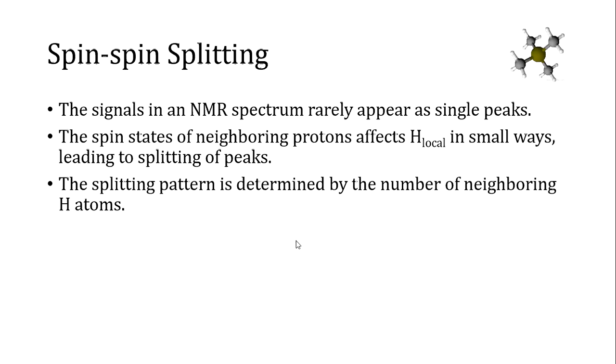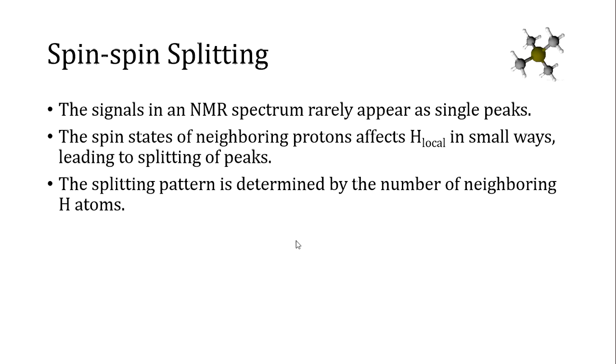So you have your protons that you're examining, but there are other nearby protons in the molecule, and they have their own spin states. And sometimes those spin states are aligned, and sometimes they're opposed. If they're aligned, they increase B net just a little bit, and if they're opposed, they decrease B net just a little bit, and it perturbs the chemical shift of the protons you may be examining up or down just a little bit.